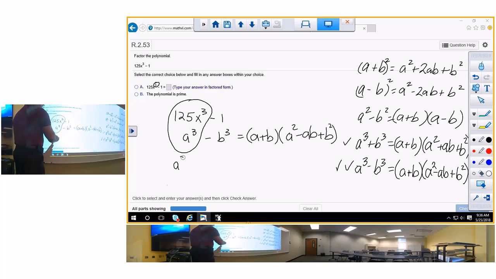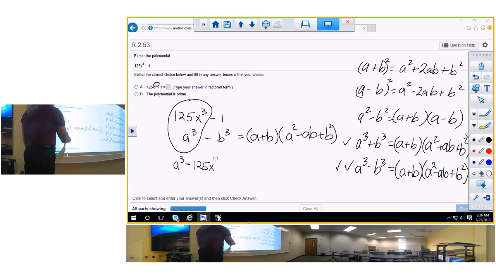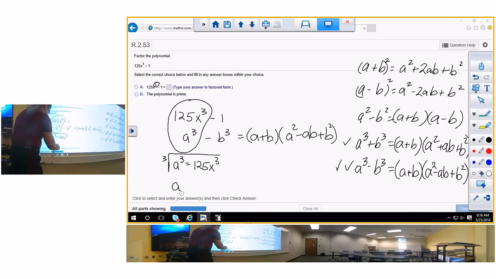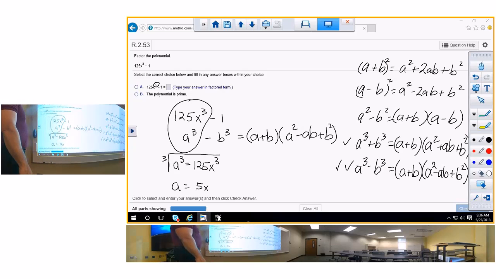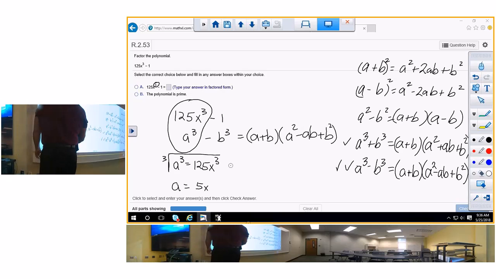A cubed is equal to 125 x cubed. You've got to take the cube root of everything. So A is equal to 5x. B cubed is equal to 1. Take the cube root of everything. B is equal to 1.